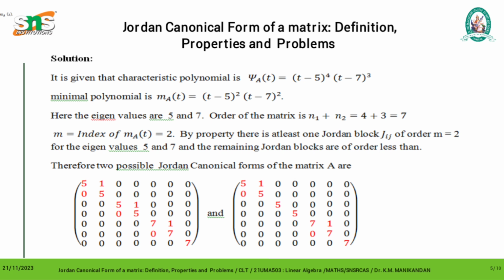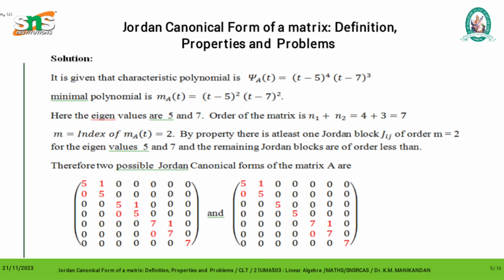See, in the second Jordan canonical form, we have constructed 5 1 0 5 for the eigenvalue 5. In chi_A(t), the power of 5 is 4, so you subtract 4 minus 2, you will get 2.